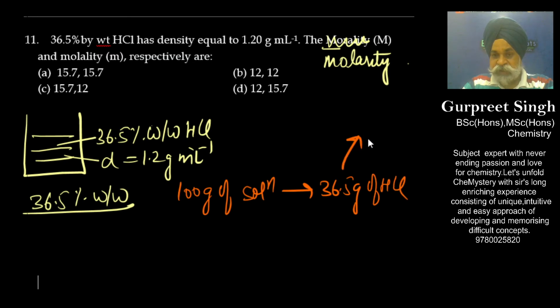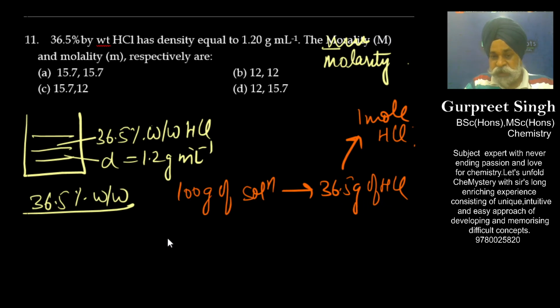And by the way, this also makes 1 mole, because 1 mole of HCl weighs 36.5 grams. So it is also containing 1 mole of HCl. Now what is to be done in this particular case?